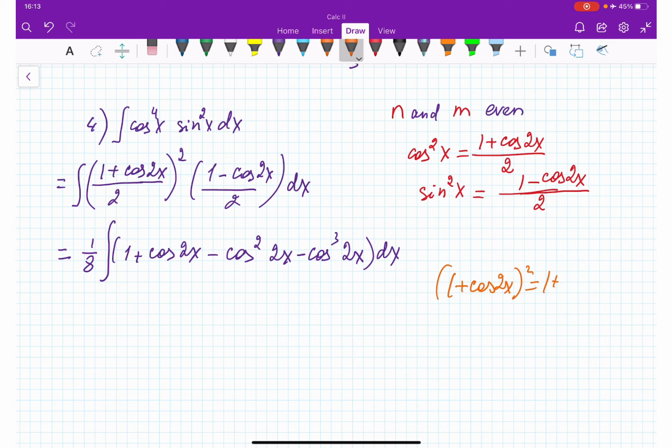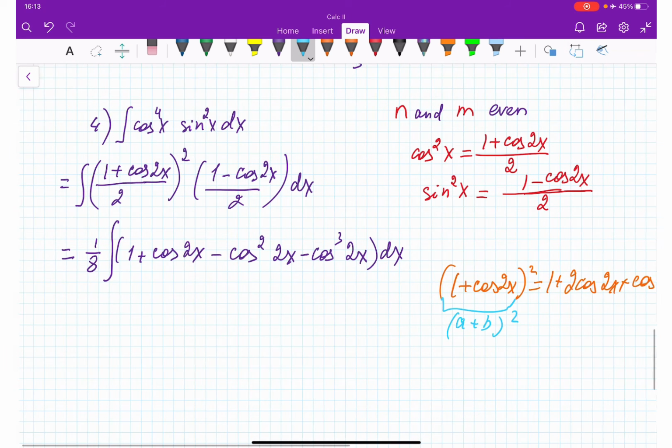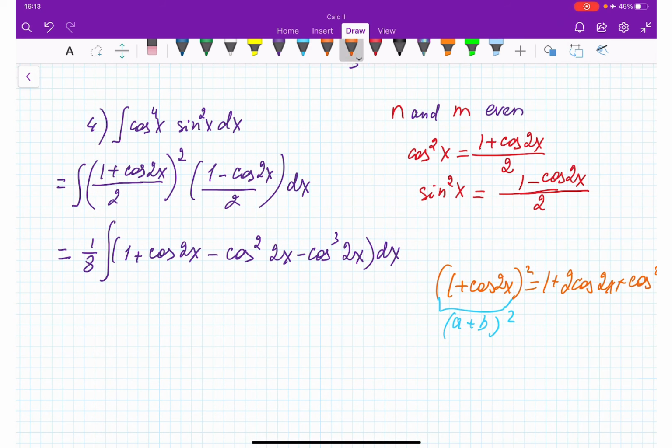Which will be 1 plus 2 cosine 2x plus cosine squared 2x, because this is a plus b squared, right? Opening a plus b squared. And then we multiply by 1 minus cosine 2x. And if you multiply, combine like terms, and you will get this expression.